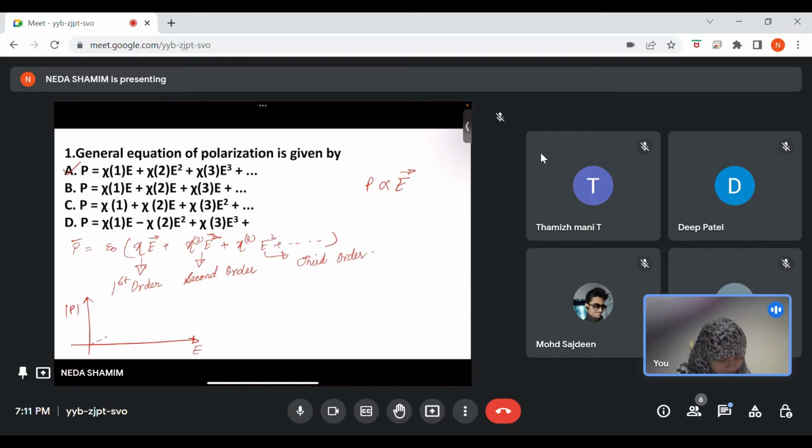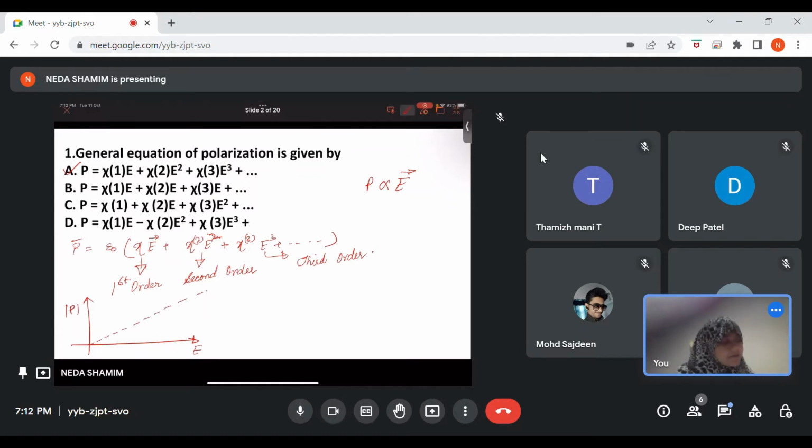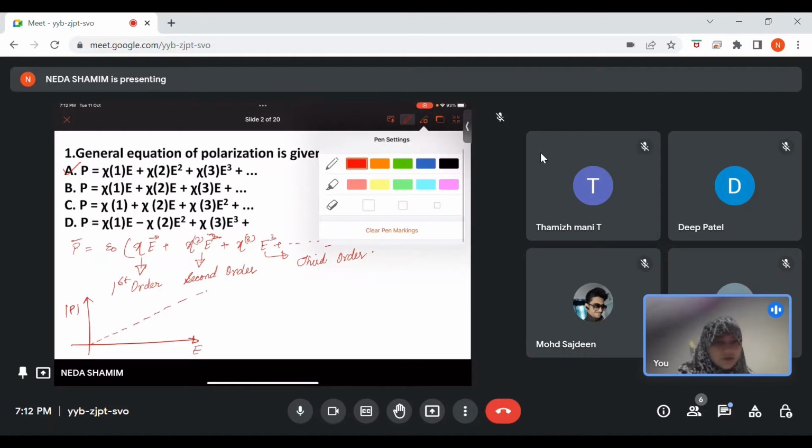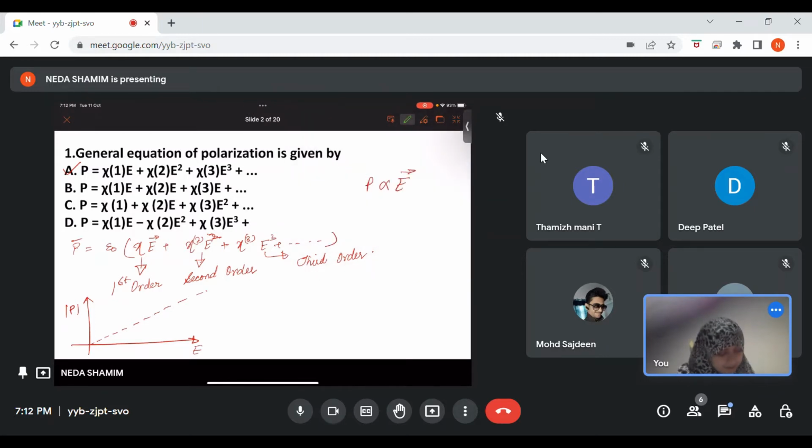It used to be something like this. But at a certain point, the non-linearity sets in. It would go something like this. This is what you call the nonlinear response.